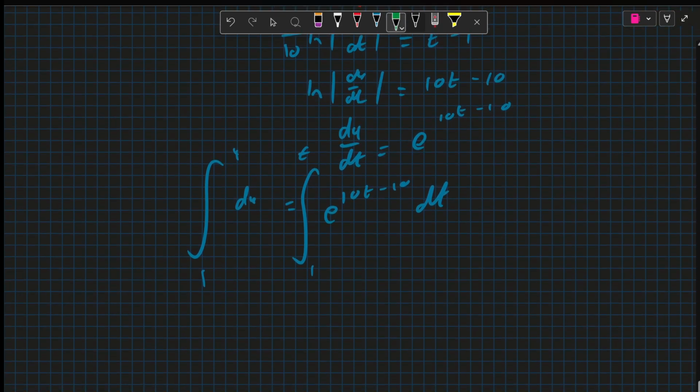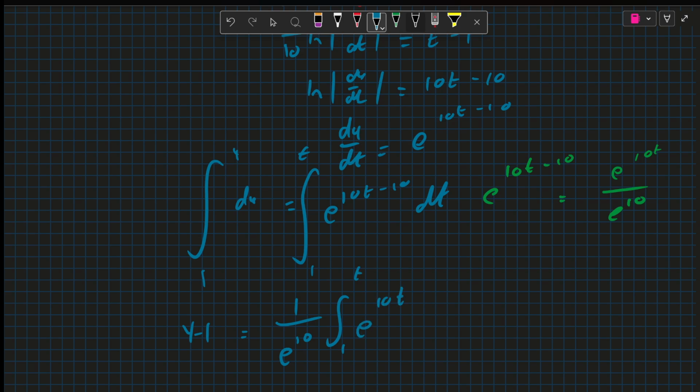So what we can actually do to this is we can note that e to the power of 10t minus 10 is the same as e to the power of 10t over e to the power of 10. So we can actually pluck a 1 divided by e to the power of 10 out, and we get the integral between 1 and t of e to the 10t dt.